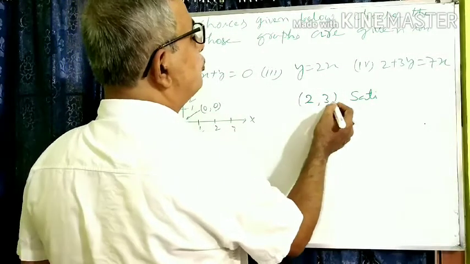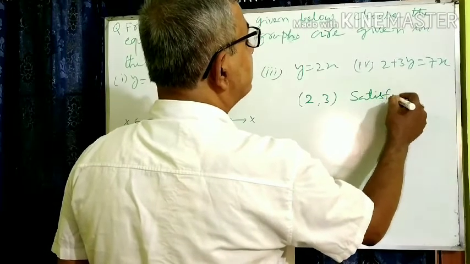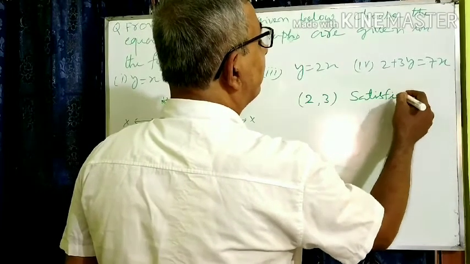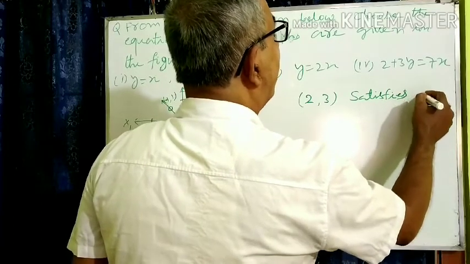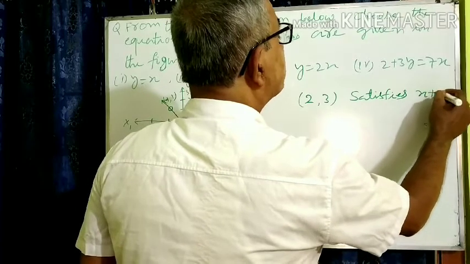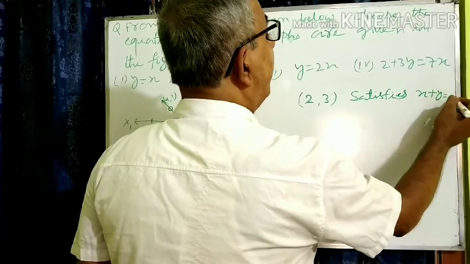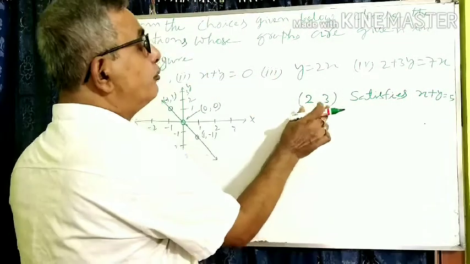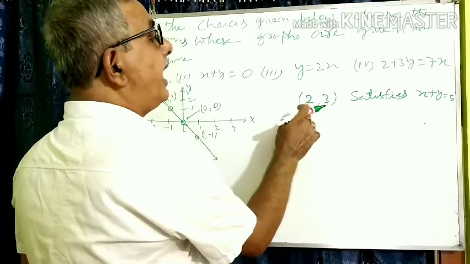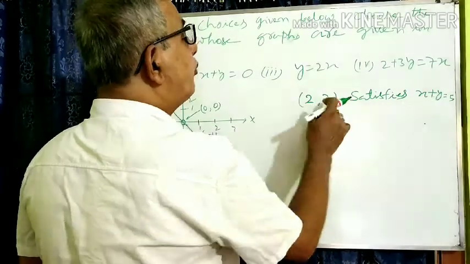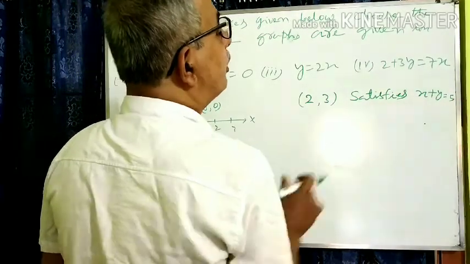Suppose I say 2, 3 satisfies x plus y is equal to 5. That means when we put the value of x as 2 and the value of y as 3 in this equation, then the left hand side should be equal to the right hand side.